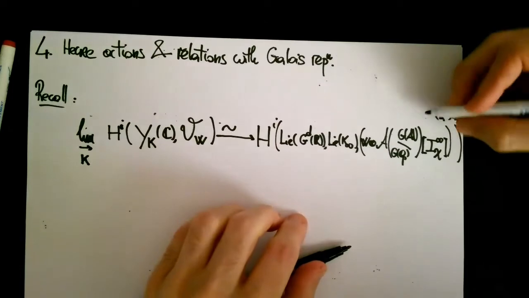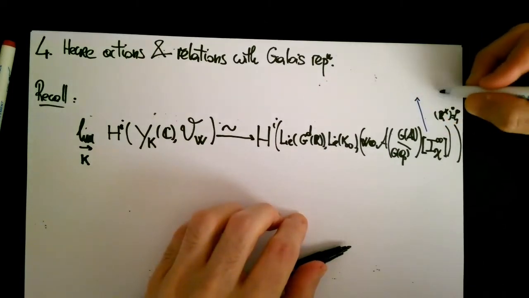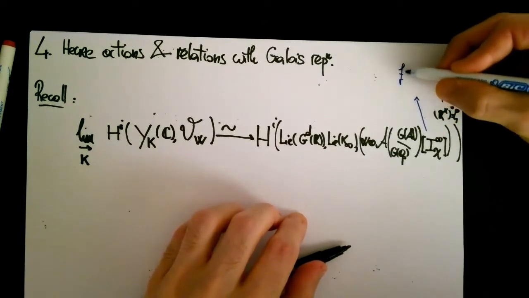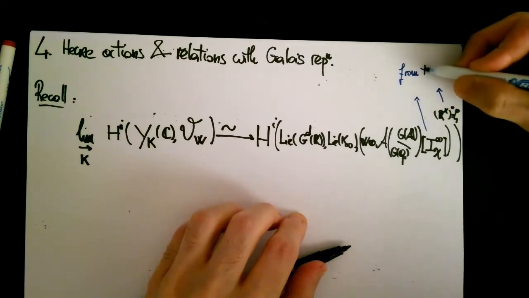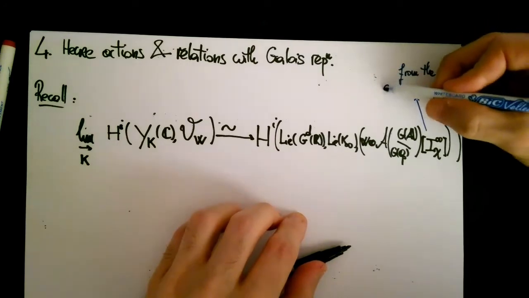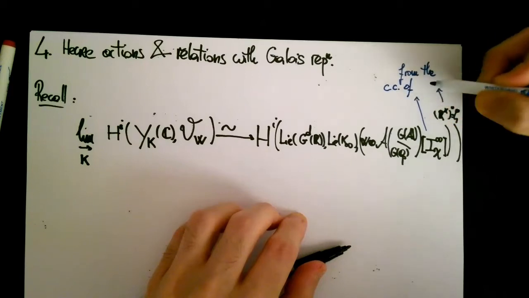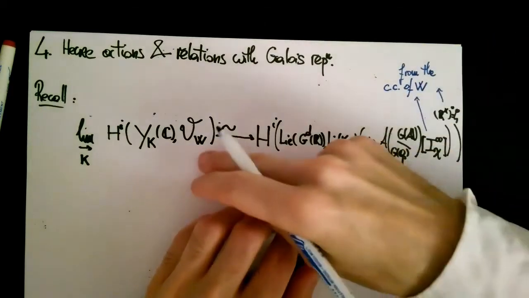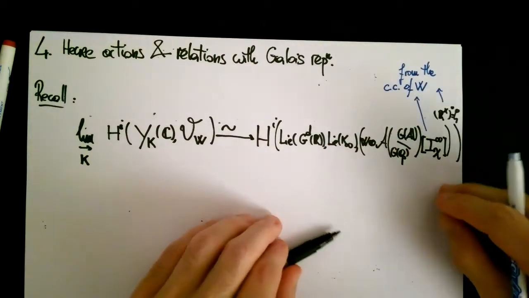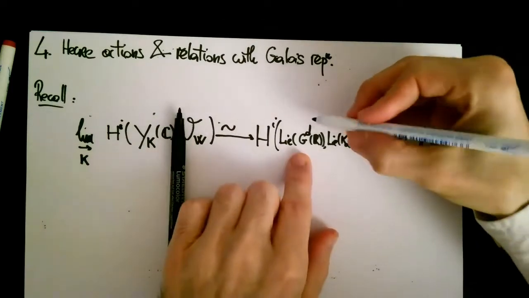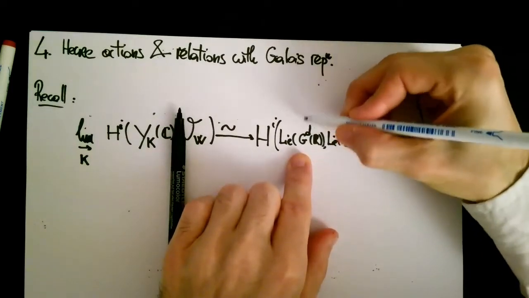So these are data from the central character of the coefficients. And this G^D is the kernel.